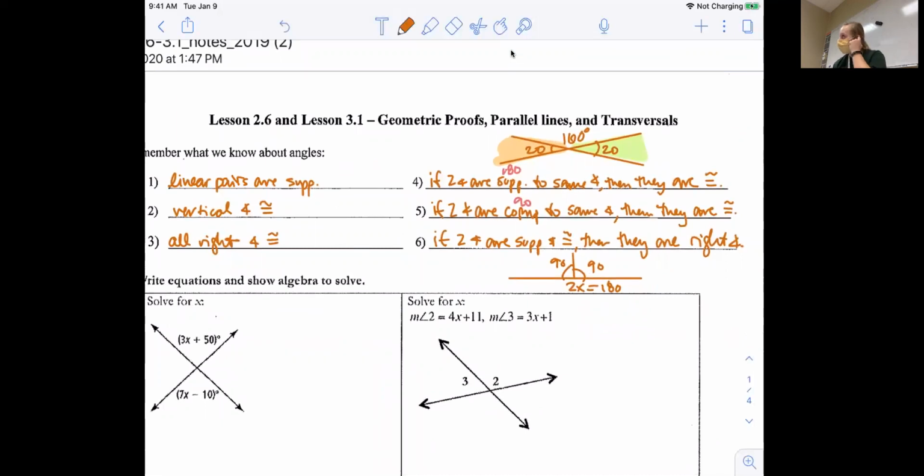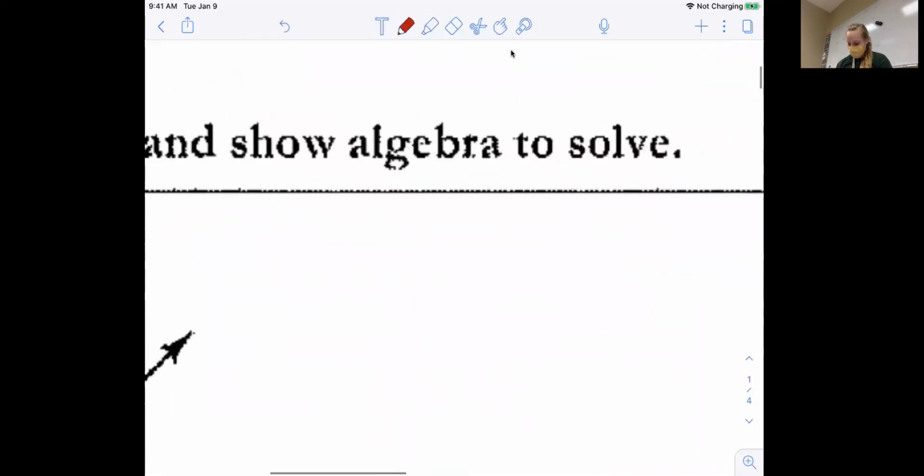All right, we're going to solve 2 problems, and then we're going to do 2 proofs. The first problem, what do I have going on there? And they equal each other. So I'm going to write vertical angles are congruent.